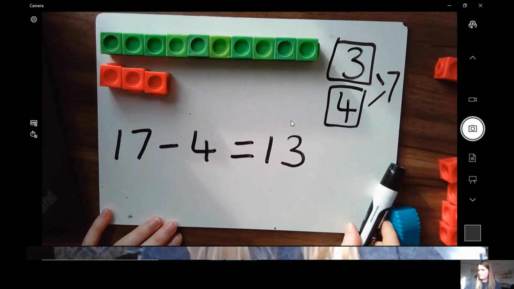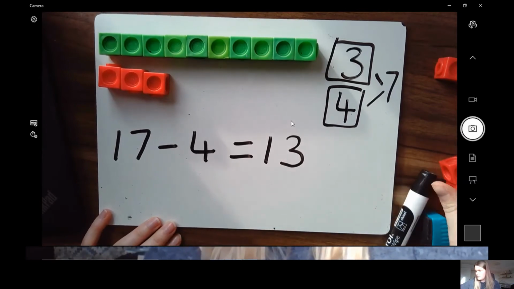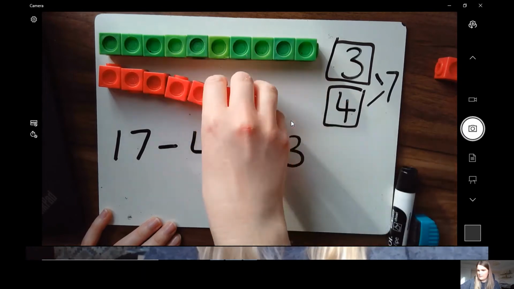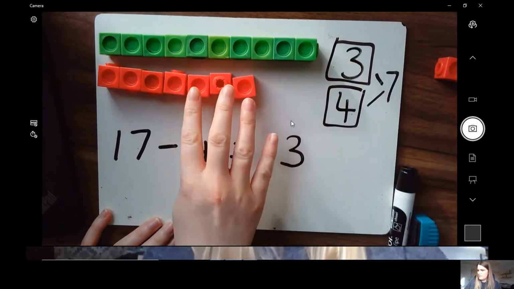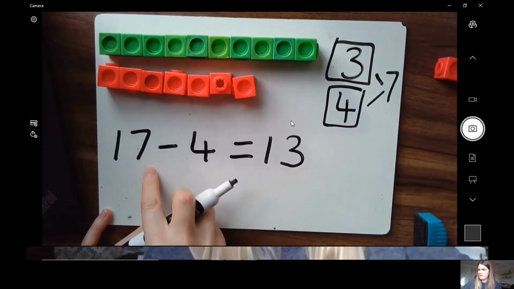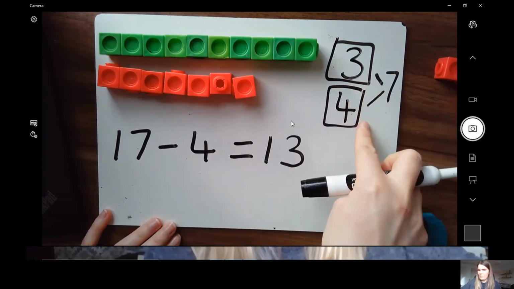Let me show you that again. I bring my 4 back. We know that 7 is made up by 3 and 4.